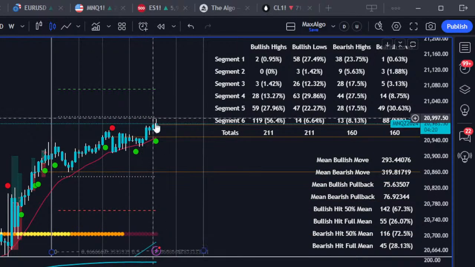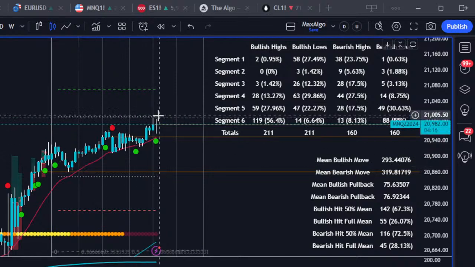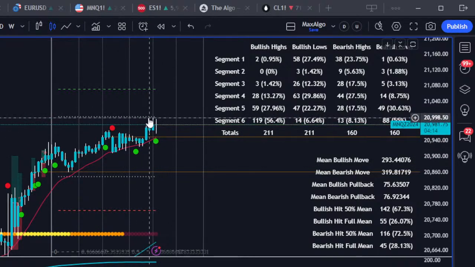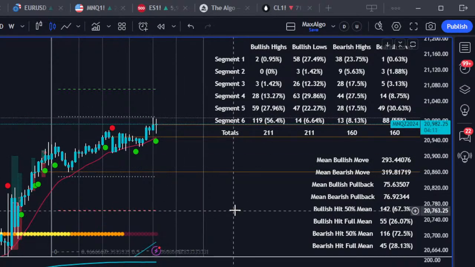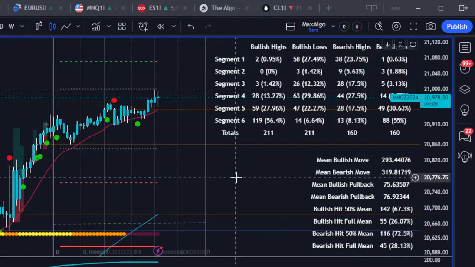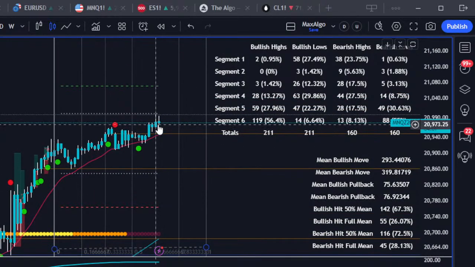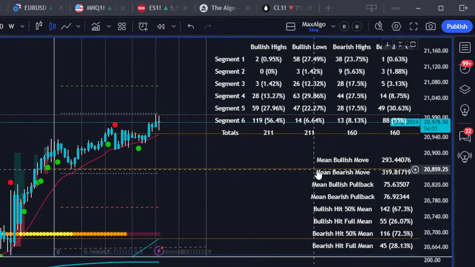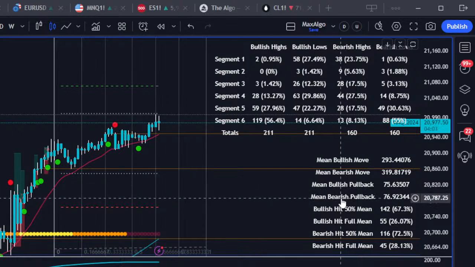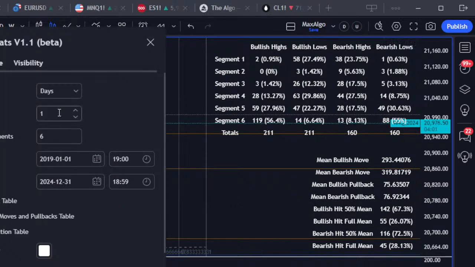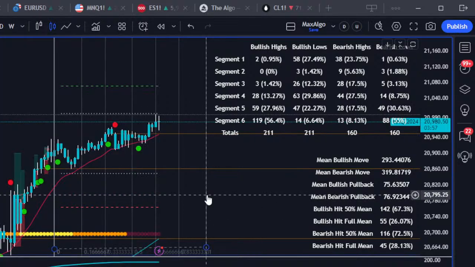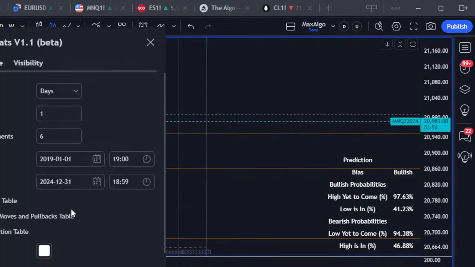Is your distribution level. So obviously if we're going to go bearish, this is kind of like your average pullback area. And then we have our distribution to the downside, right? What have I done?